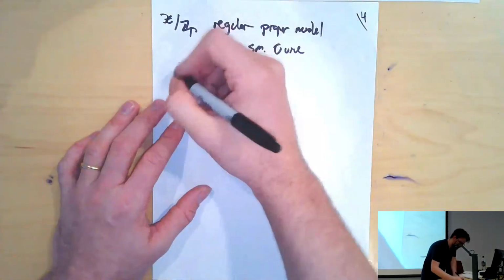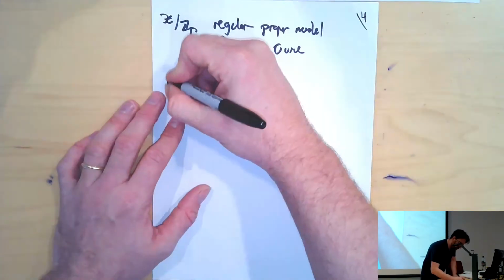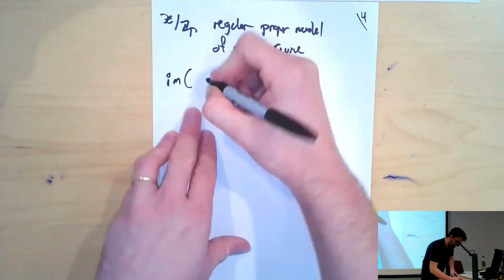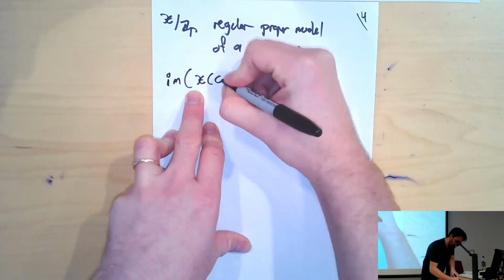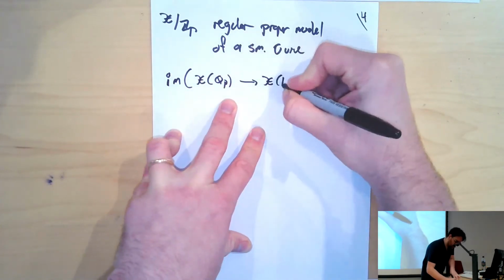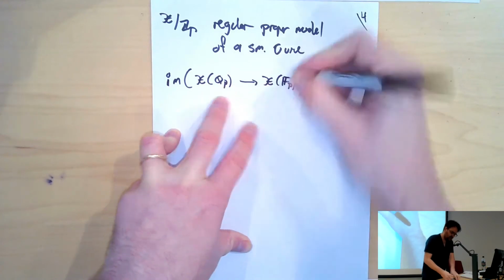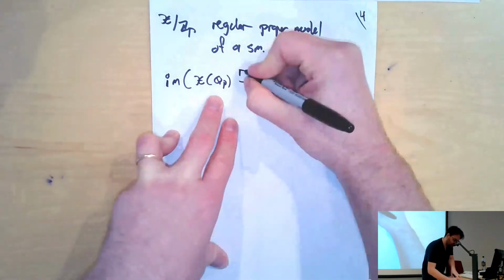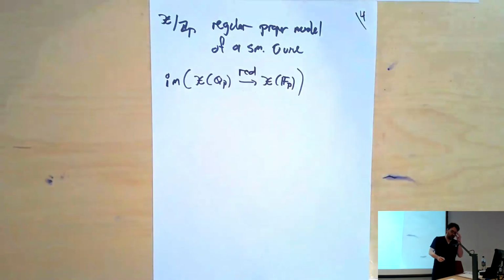It's also a natural notion. If I take the image of the map from X(Q_p) to X(F_p), so this is the reduction map, everything is proper. Implicitly, I also want this to be a flat model, a model of its generic fiber.